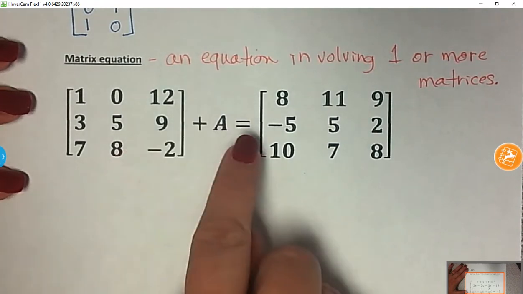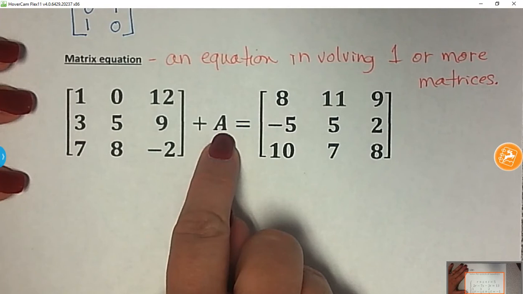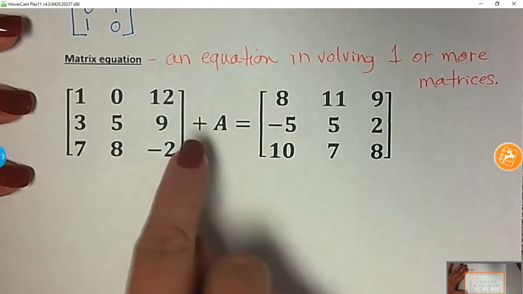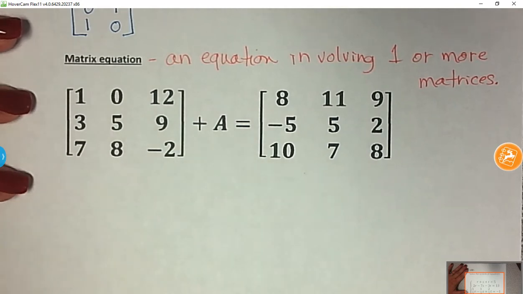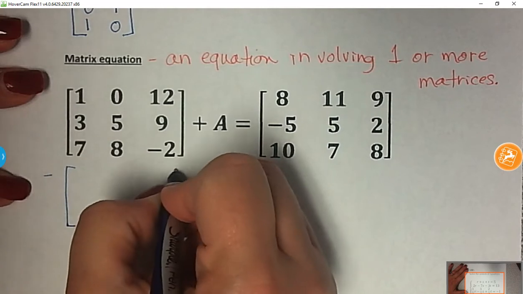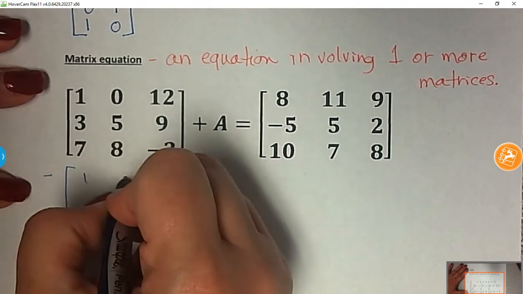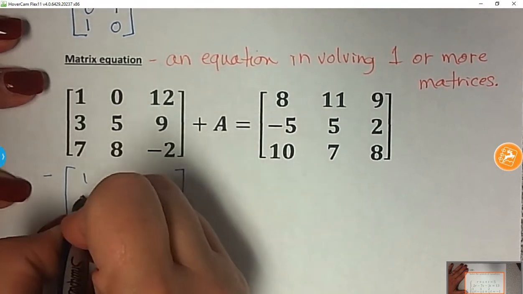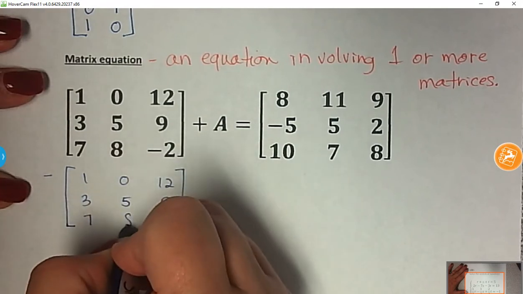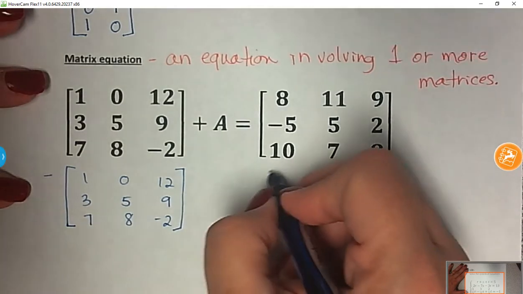If something is added to a variable, I want to subtract this from both sides to get that variable by itself. So what I'm going to do is subtract this matrix from both sides.